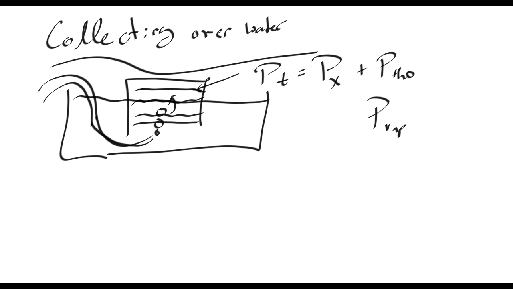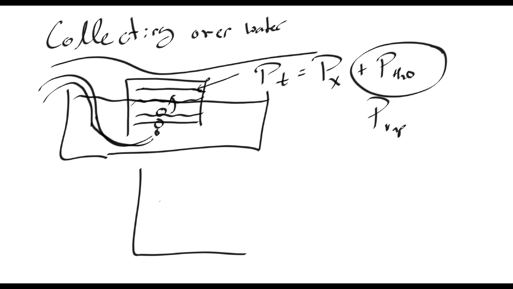So what you want to do is take into account the amount of water, if you're collecting over water, that is going to be mixed in with your gas. So what you would do is look it up on a table that has, say, temperature and the vapor pressure of water at that temperature: 0, 5, 10, 20 degrees Celsius, and so on.